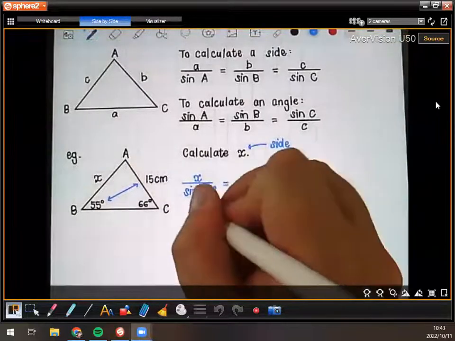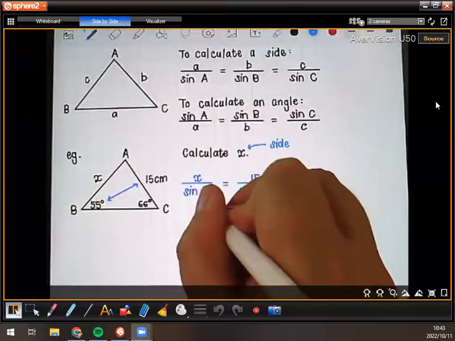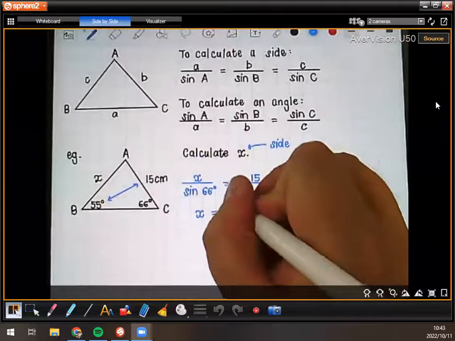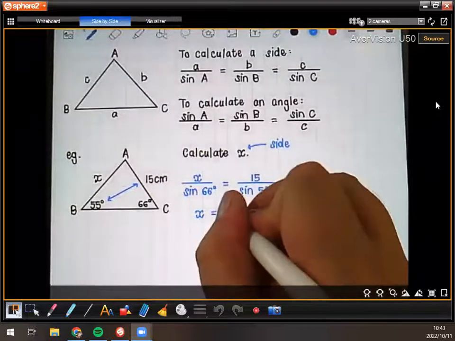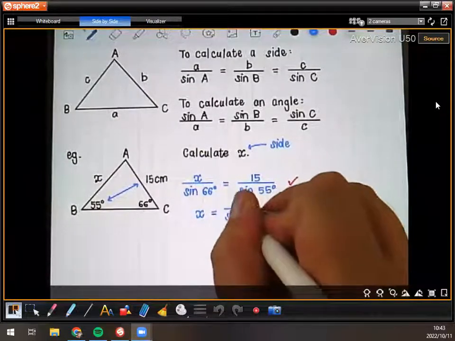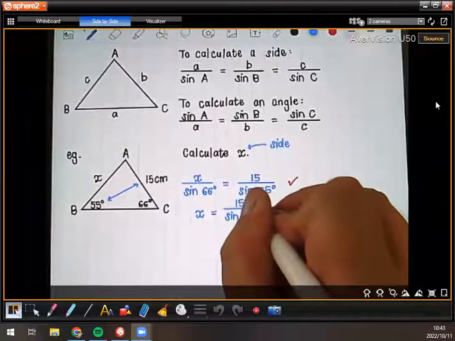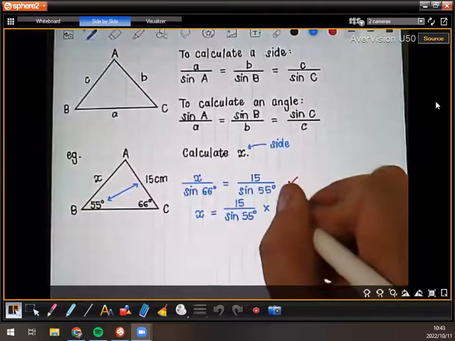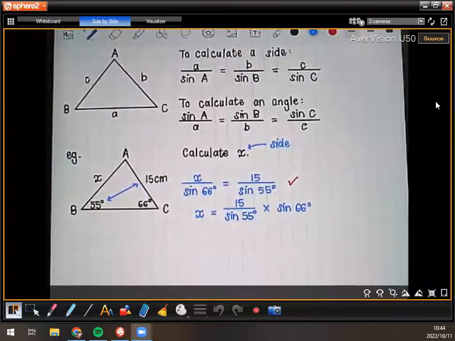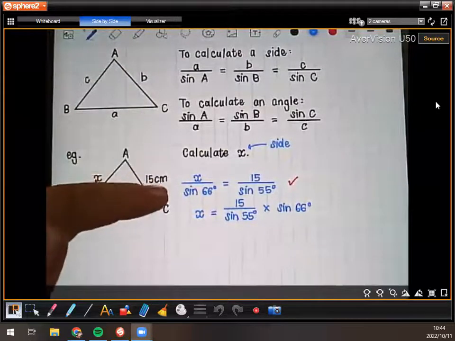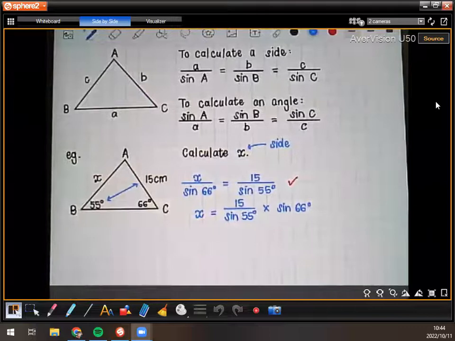And now to get x on its own, we're going to say x is equal to, and I do want you to write this step down, because you do actually also get a mark for writing this step. So 15 over sine 55 times sine 66. On this side, I'm dividing by sine 66. On the other side, I have to multiply.